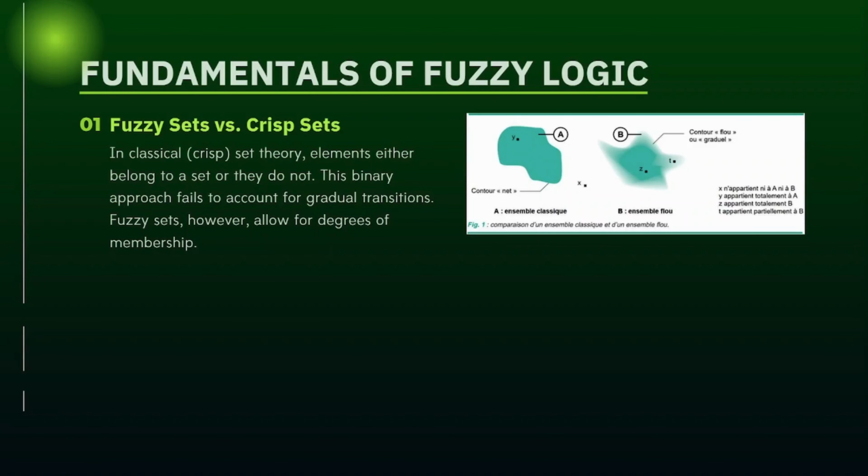But z is totally in B, while t, as you can see, is in the fuzzy region. And this fuzzy region is neither a 1 nor a 0. It's included in B partially, which is very good for human-like situations and algorithms.